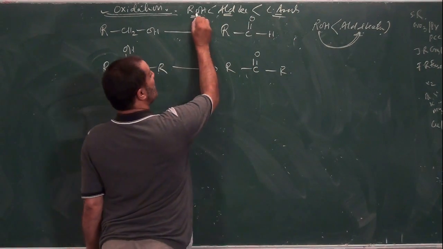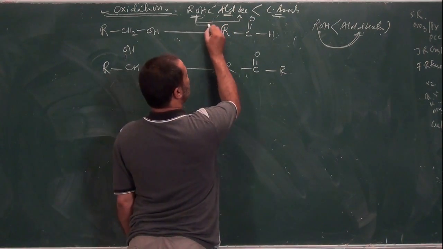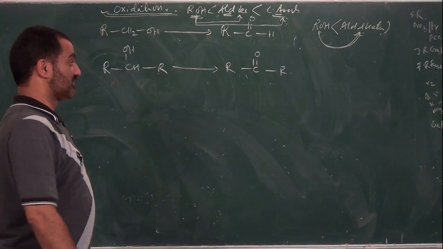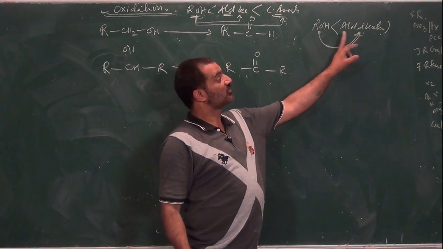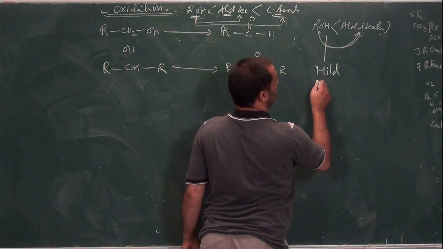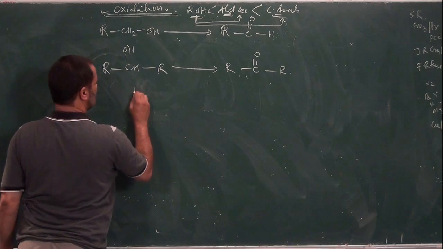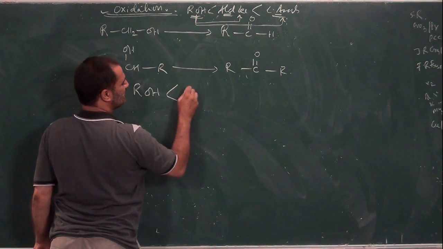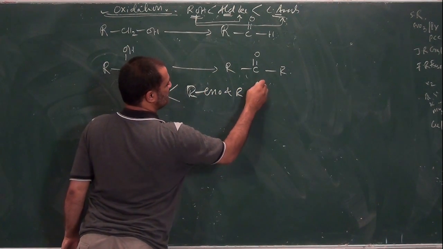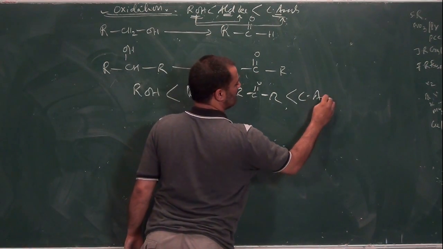If I convert alcohols into aldehydes and ketones, I need a mild oxidizing agent, and if I convert them into carboxylic acids, I need strong oxidizing agents. I will write here again: ROH are alcohols, RCHO and RCOR are aldehydes and ketones, and RCOOH are carboxylic acids.